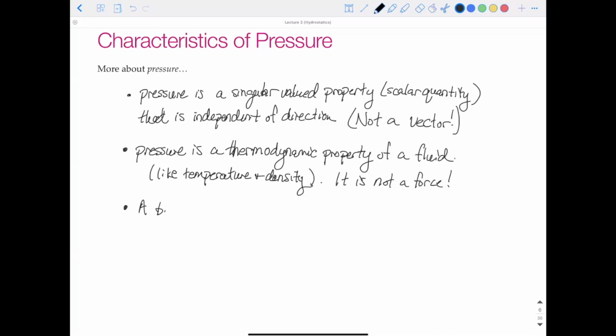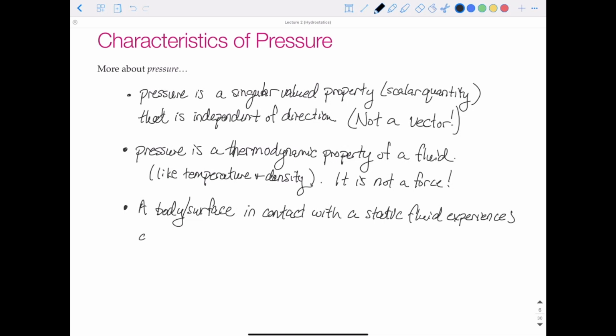So a body or a surface in contact with a static fluid experiences a normal force at each point, and this is due to pressure.